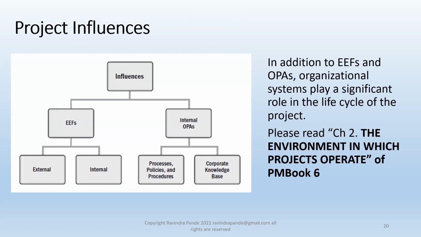There are external and internal influences. EEFs are basically external influences, mostly wherever you work in terms of organizations. There are certain influences from outside playing a part in your efficiency in terms of your project execution.